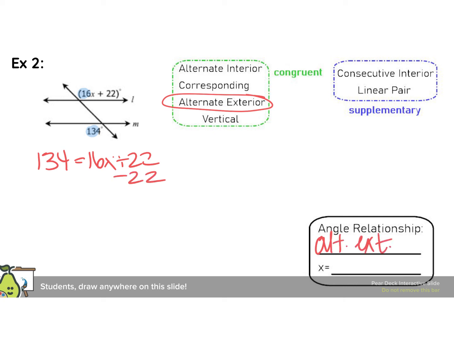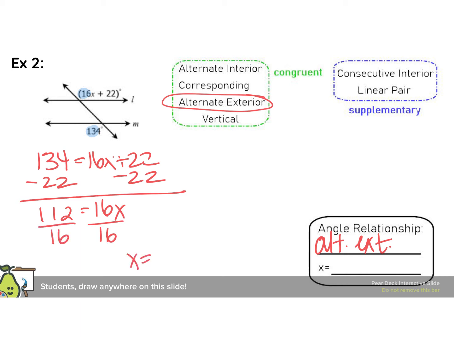So subtract 22. And then I'll divide by 16. So x is 7. Again, I'm not solving for the angle measure itself because I already know that. Since this angle here is 134, this angle has to be 134. I'm really just concerned about what makes x fit that description there.